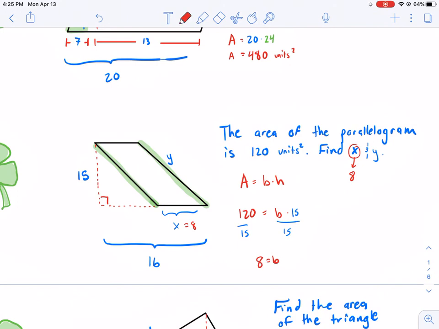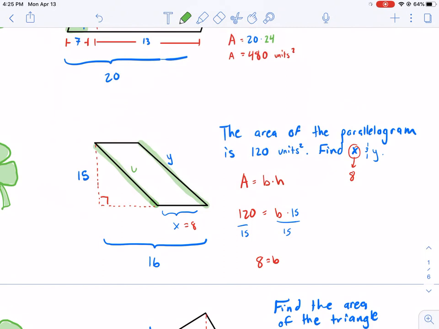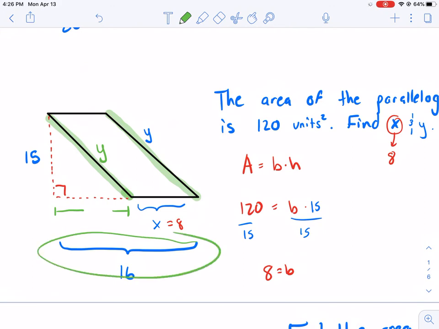Notice how we have what appears to be a right triangle going on here. What we need to do is figure out this small distance right here. If we know that this distance, x, is 8, and this whole distance is 16, then we should be able to figure out that smaller distance by doing 16 minus 8, which is 8. So that's equidistant.